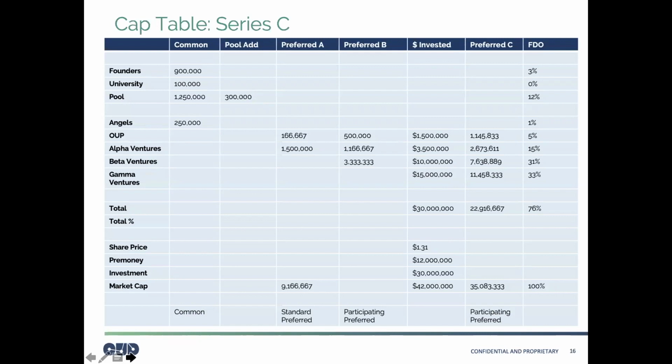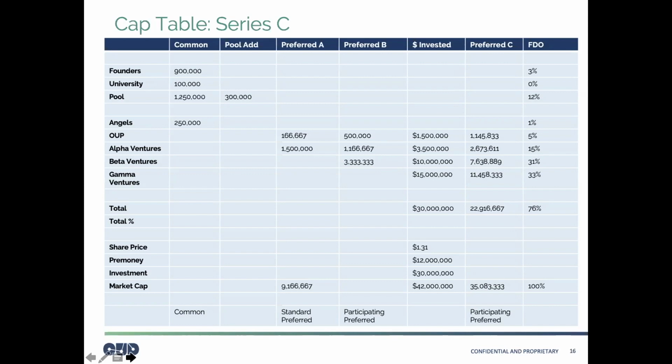What's not included here, just because it's a little too complex and the math becomes confusing, relates to the weighted average anti-dilution provision we discussed earlier. Not only does the Series C at the lower price shift ownership from common and earlier investors to the Series C investors, but now the A and the B investors take a look at the new price, $1.31, and what the old prices were, $3 and $6.